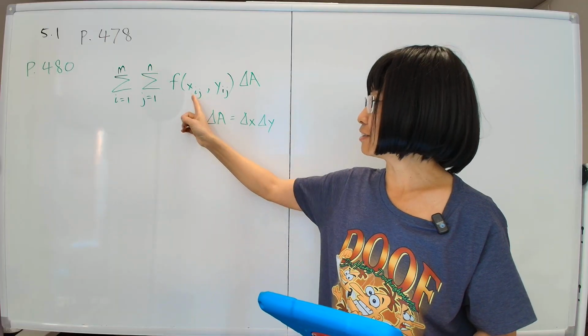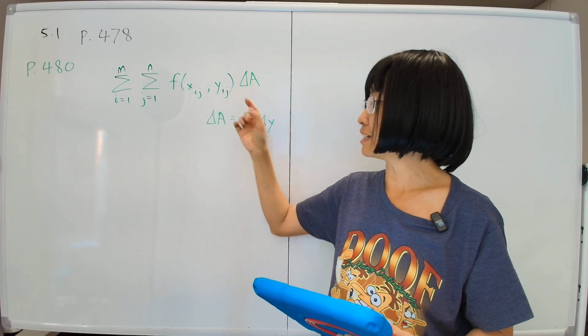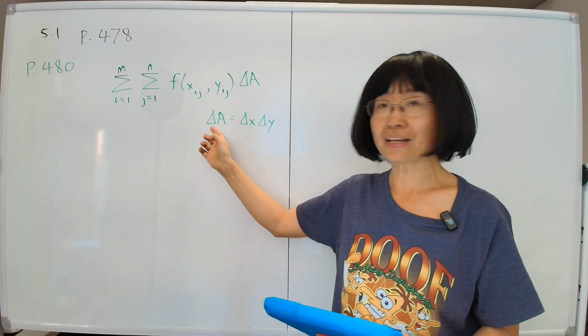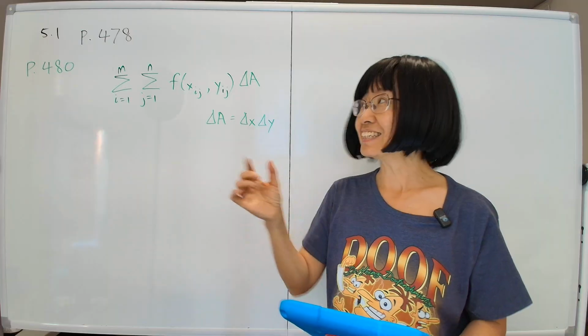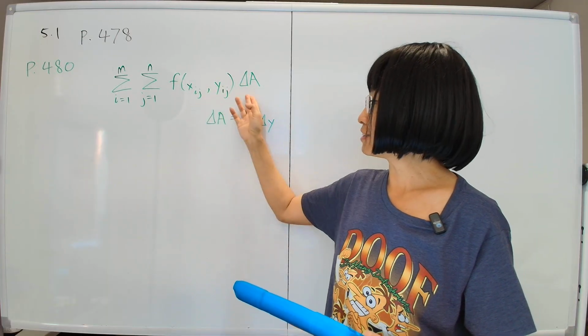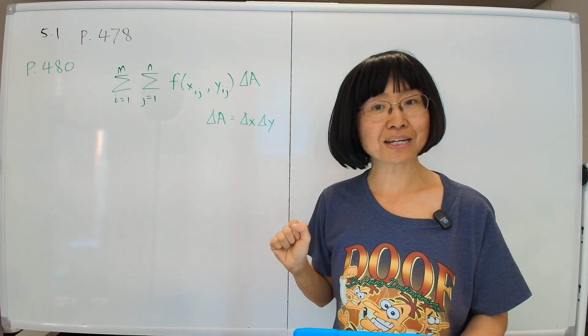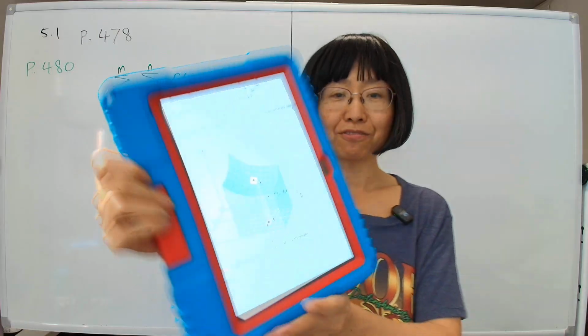You figure out the volume at various points and multiply by the tiny little area down there, where the area delta A is equal to delta X, delta Y, right? So you have this rectangular stick, you multiply together and then you add it all up, and that will be an approximation of the volume under the surface, as you can see in the following page.